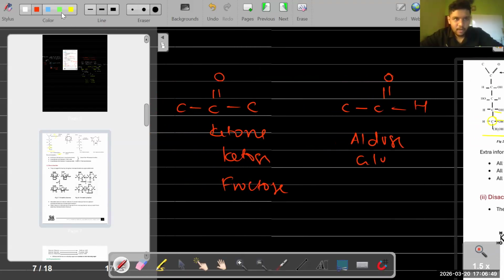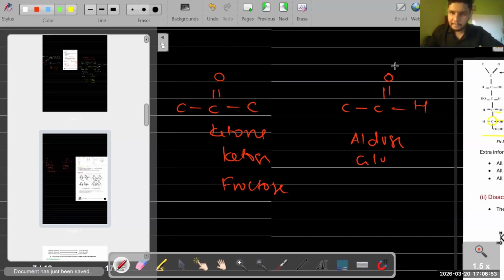Actually, while they consider aldehyde and ketone, for aldehyde they give the priority to this carbon double bond O. If anything contains carbon double bond O, they consider that an aldose sugar.